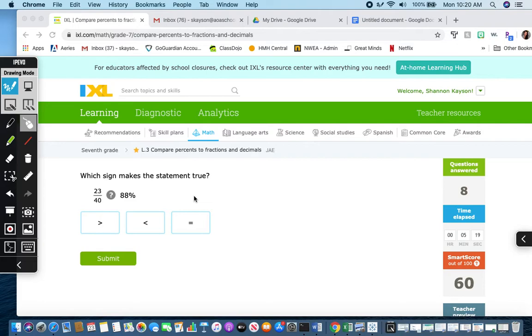Maybe we should do one more. This one's really tricky. Okay, so here, a couple things you can do. What I would do is divide. What's 23 divided by 40? How many of you guys have a calculator at home? Oh, you can use one on the computer, right?